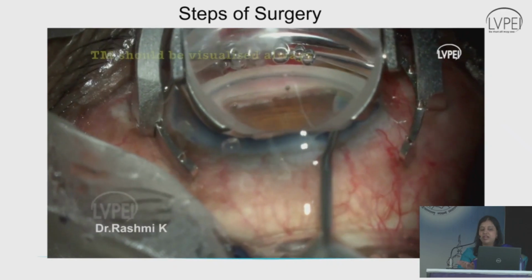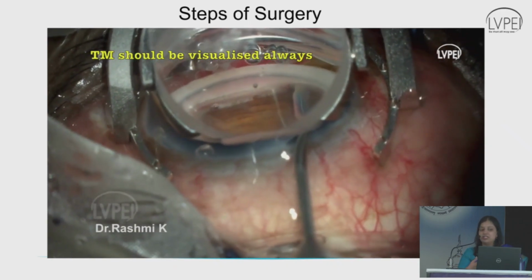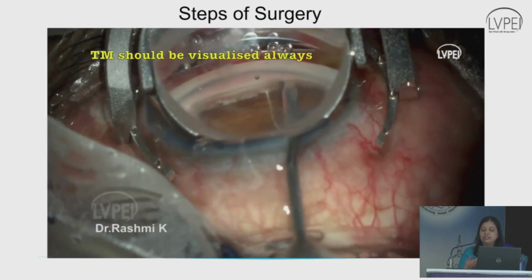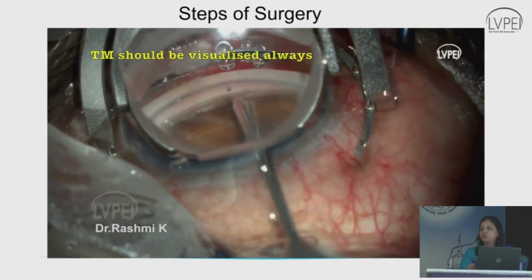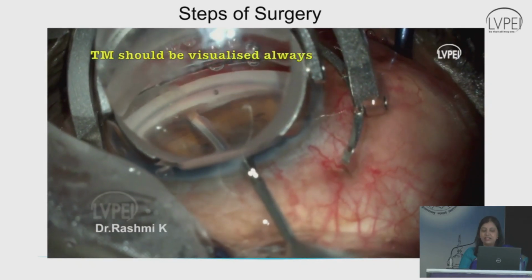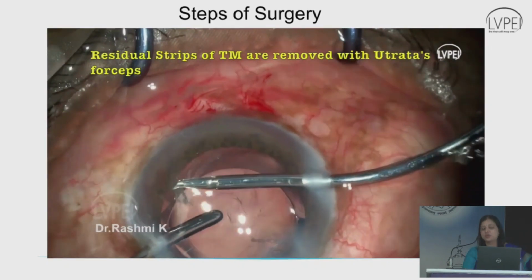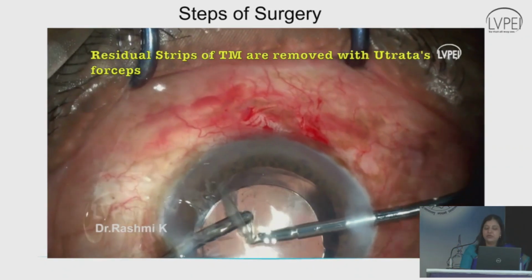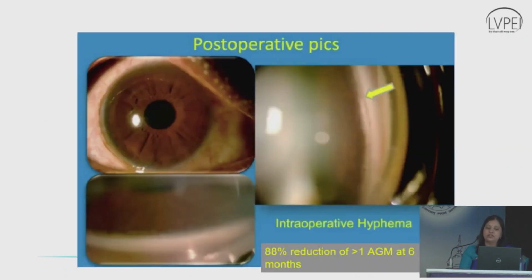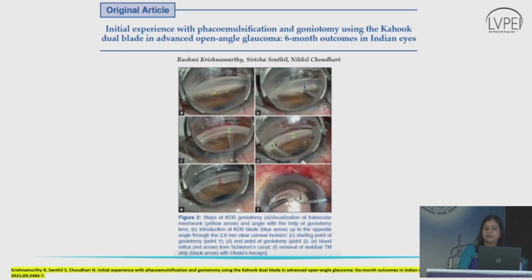Then again start from the other end and meet the point where it was started. Once we complete, there is some blood ooze, which is a good sign. It means that we have done the procedure in the Schlemm's canal. There are some tips of trabecular meshwork which can be removed manually with the help of micro scissors. This is the appearance. We can see clearing in the center of the pigmented trabecular meshwork.